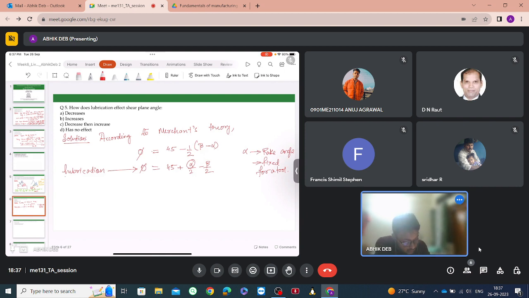See, with the use of lubrication, the friction will increase or decrease? Decrease. Yes. So friction decreases. Then see, tan beta is equal to F by N. Now F is decreasing.